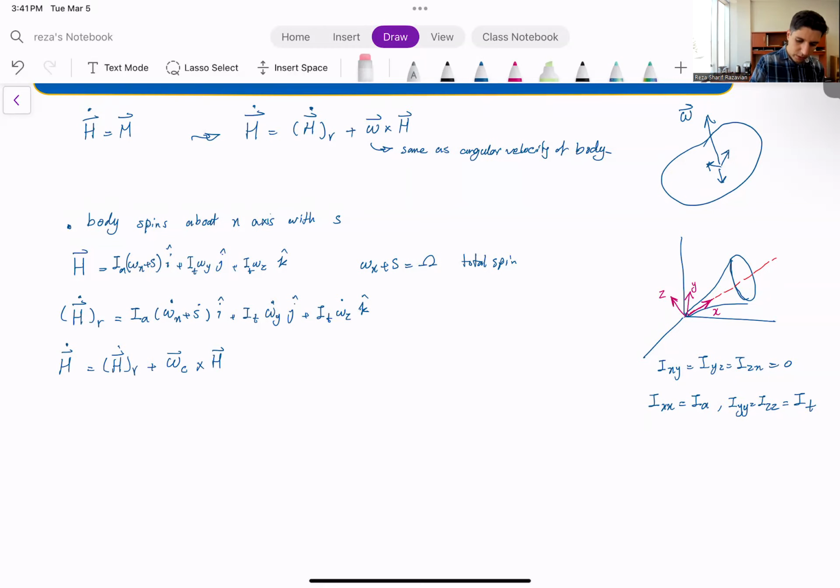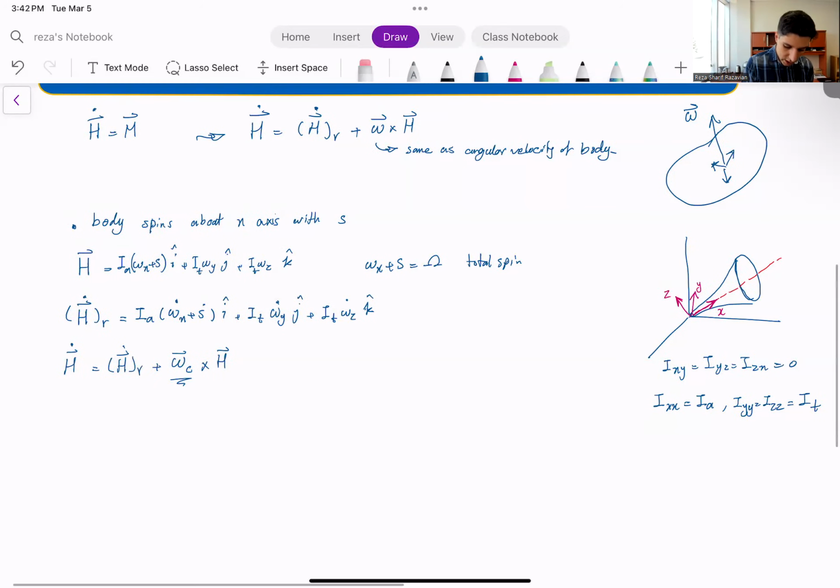And the difference with the previous calculation is that now this omega c is not the rate of rotation of the body. So the body, remember, rotates with an additional spin about the x-axis, which is not included in this omega c.